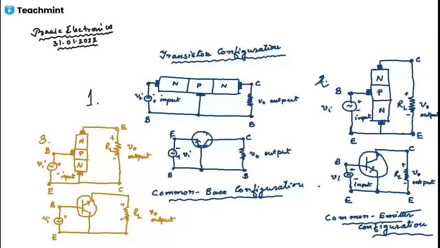This is plus minus input. This is the emitter, and this is the collector.